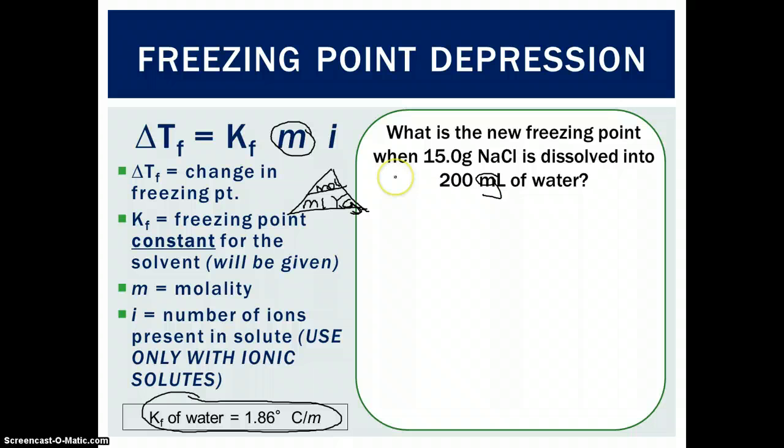So if I want kilograms, I just divide by 1000 and get 0.2 kilograms. I'll get better at using this thing eventually. All right, so I have my kilograms, now I need to get my moles.